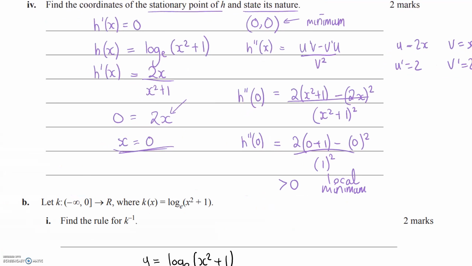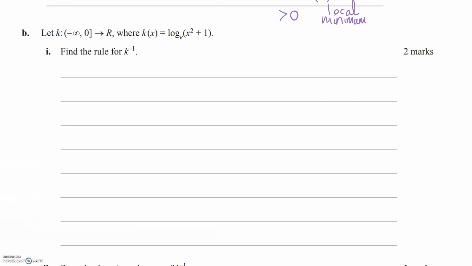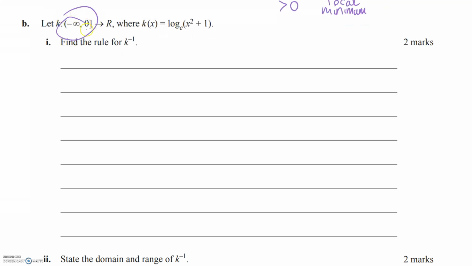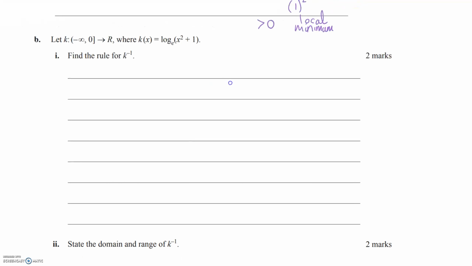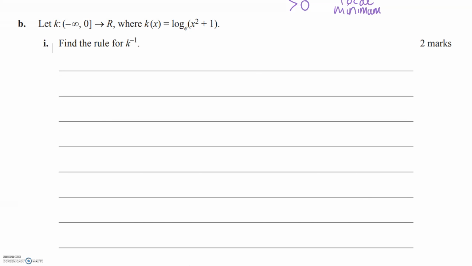All right. So this has given me this unusual definition of k, and then asked me to find k to the negative 1, where k(x) is this. So k to the negative 1 is asking me to inverse it.